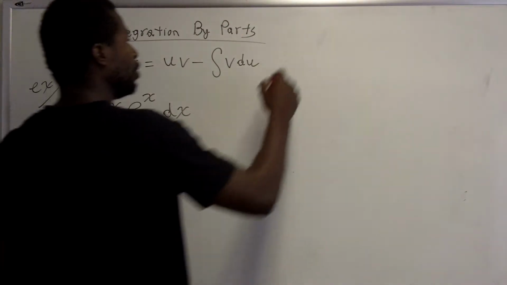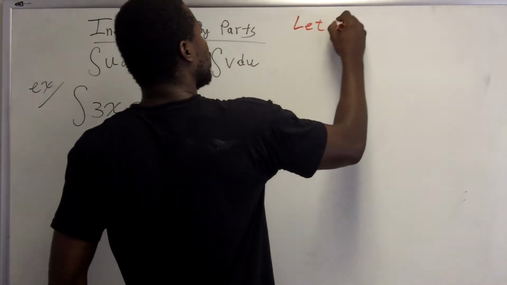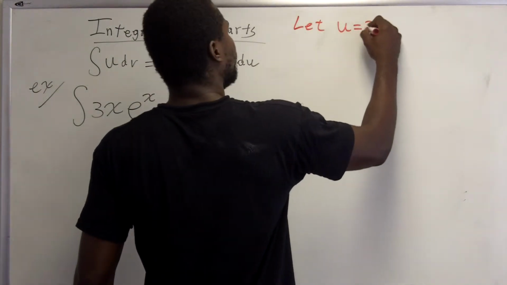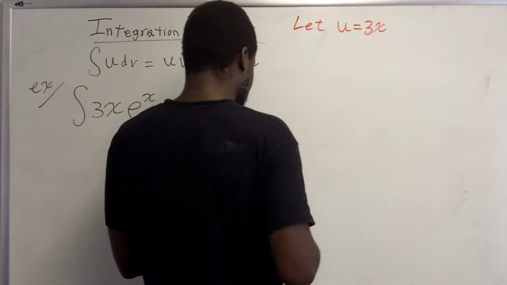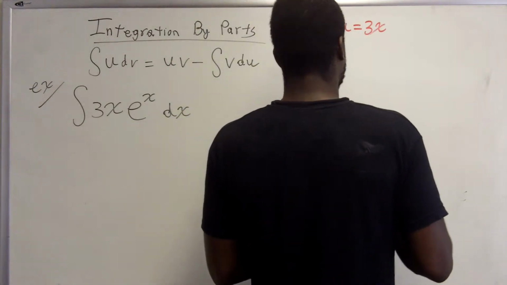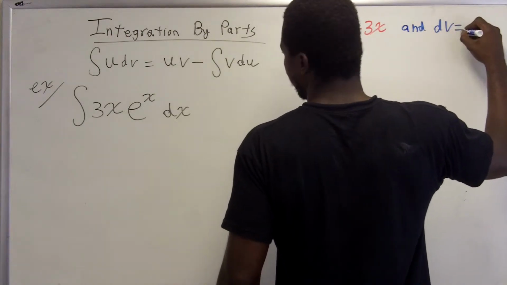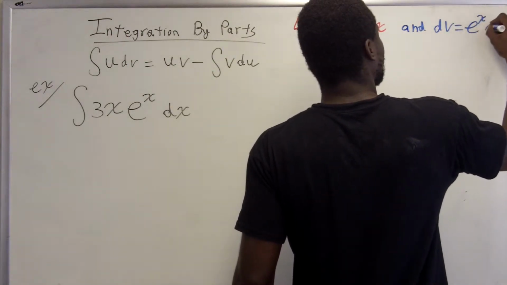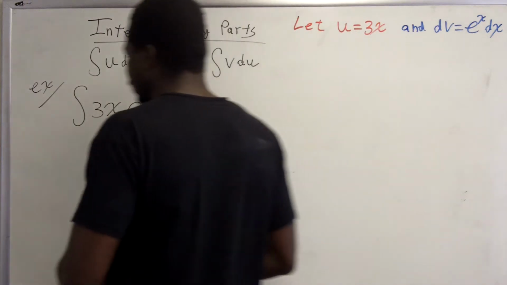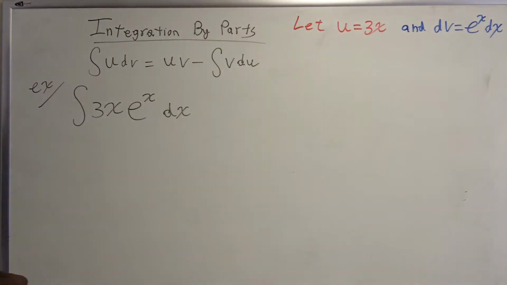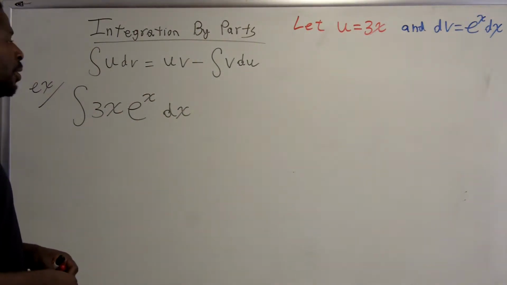So what I'm going to do is let u equal 3x and dv I'm going to let be e to the x dx. E to the x dx, the differential of v with respect to x.